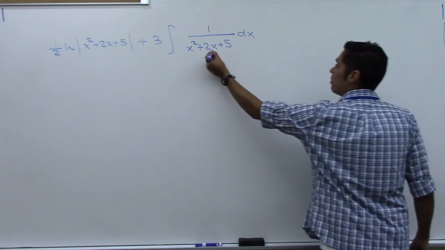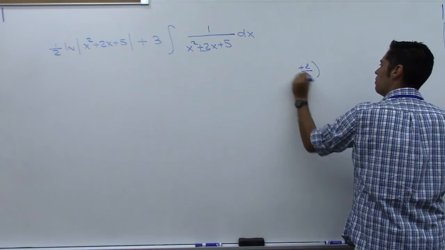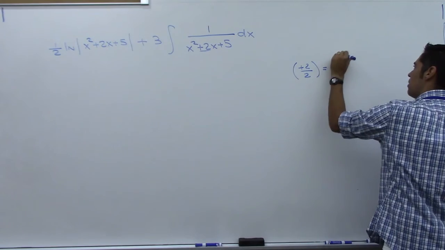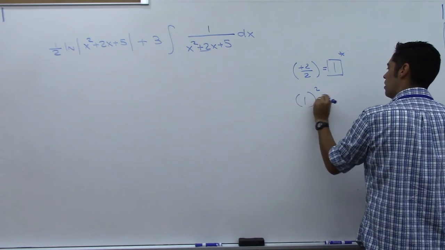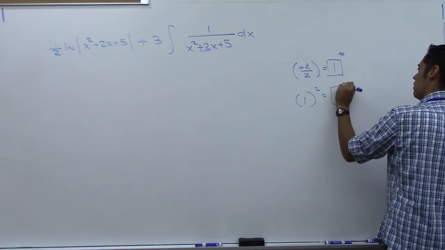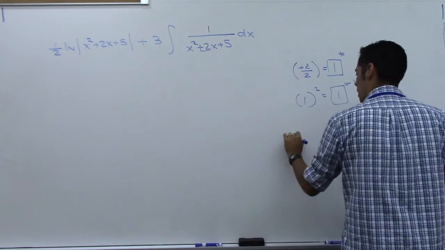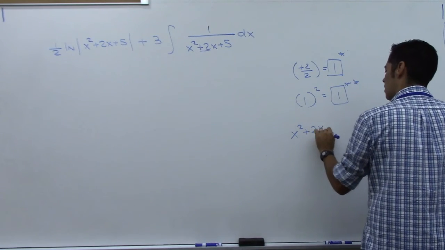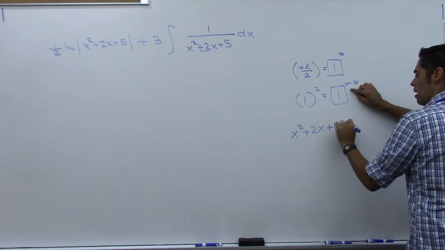So I take the number in front of x, which is positive 2. I divide it by 2, which gives me 1. Okay, that's my first important number. Then I take that 1 and I square it, which is also 1. That's my second important number. And so what I do now is I take x squared plus 2x. I take my second magic number and I add that 0, right? Add 1 minus 1.